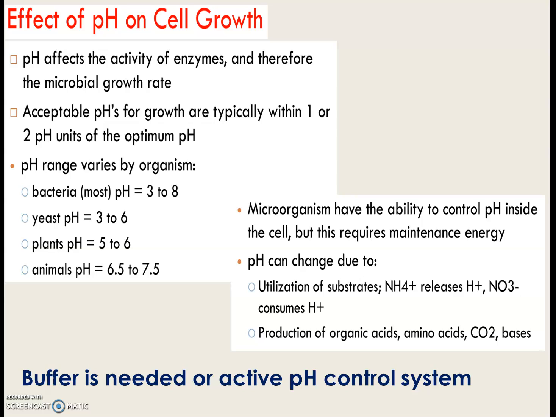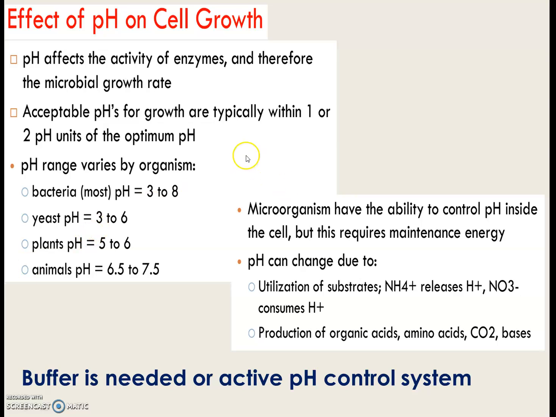The pH can change due to utilization of substrate, based on NH4 release of H ion, NO3 consumption of hydrogen, and also the production of organic acids, amino acids, carbon dioxide, or bases.